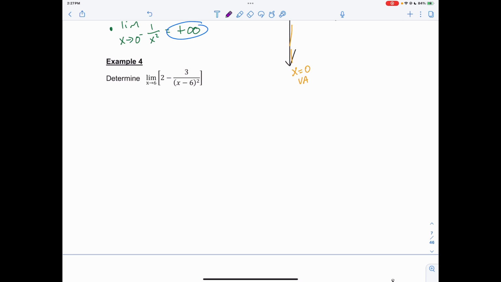For example 4, it asks us to determine the limit as x approaches 6 for 2 minus 3 over (x minus 6) squared.